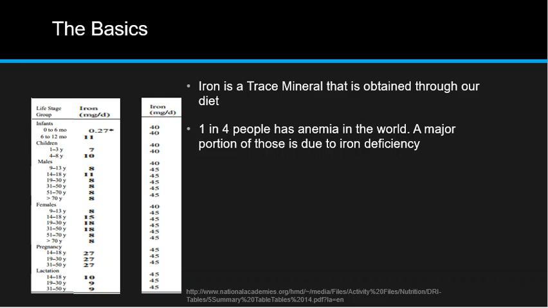So just to start out, the RDA of iron is usually around 8 to 18, but it kind of depends on if you're a male or a female and what stage of life you are in. Usually when someone's growing up, going through puberty in the growth stage, then it's a little bit more.